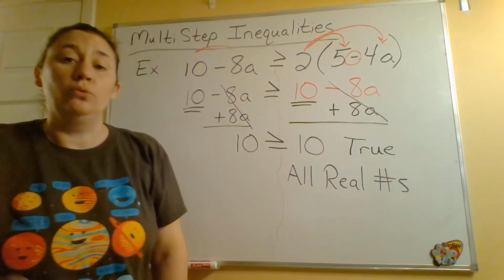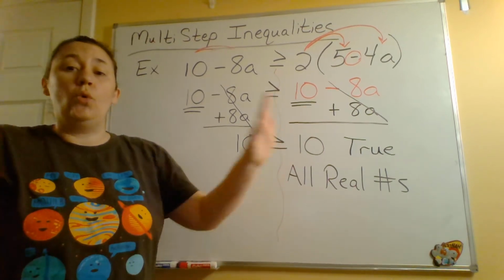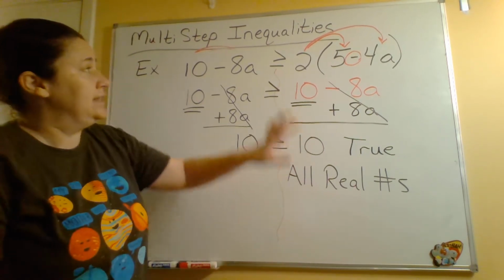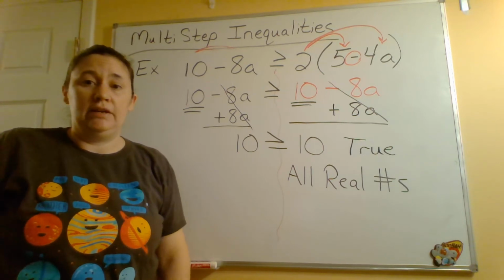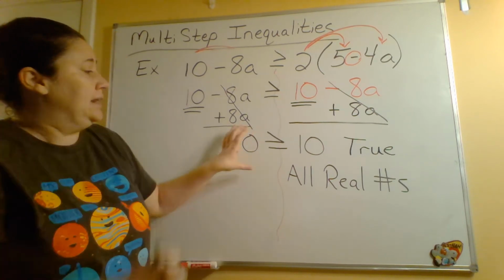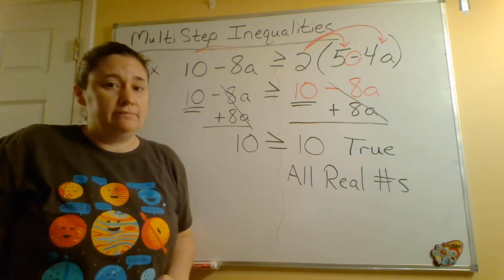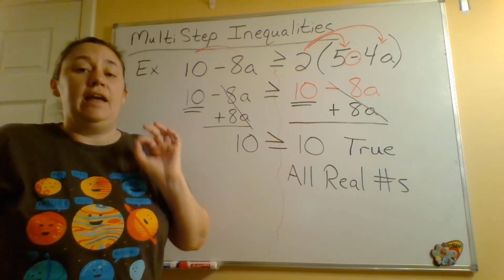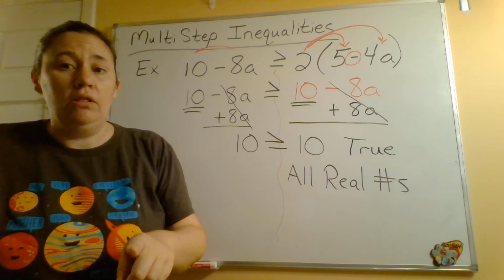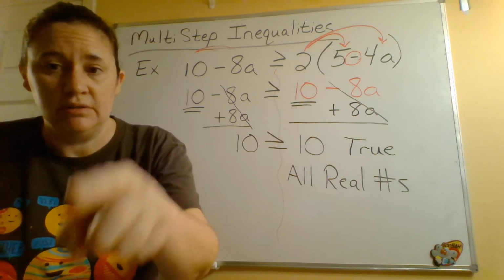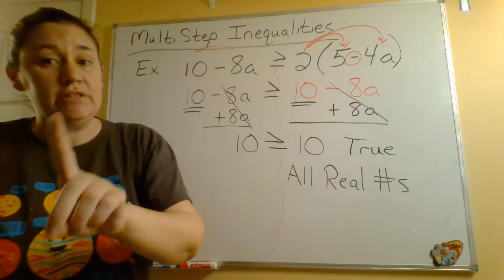Every single real number in the whole entire universe is an answer to this inequality. When you end up getting a true statement that doesn't have any variables in it, it means the answer is all real numbers. I'm going to say it one more time.